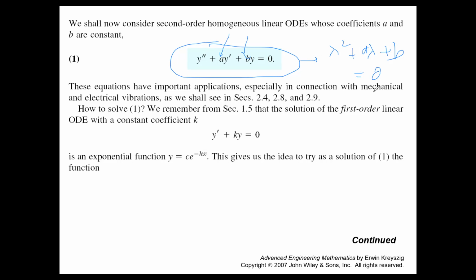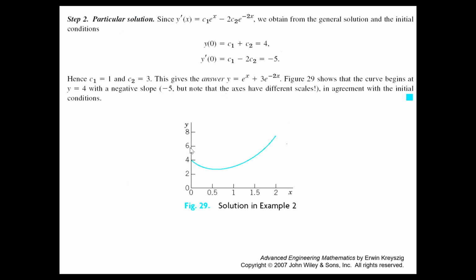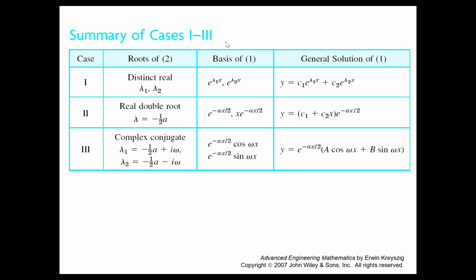If you have imaginary roots, then you can go with the cosine plus sine form, or in the form of an imaginary number. So we have 3 cases over here, and it is summarized here: first case, second case, third case.